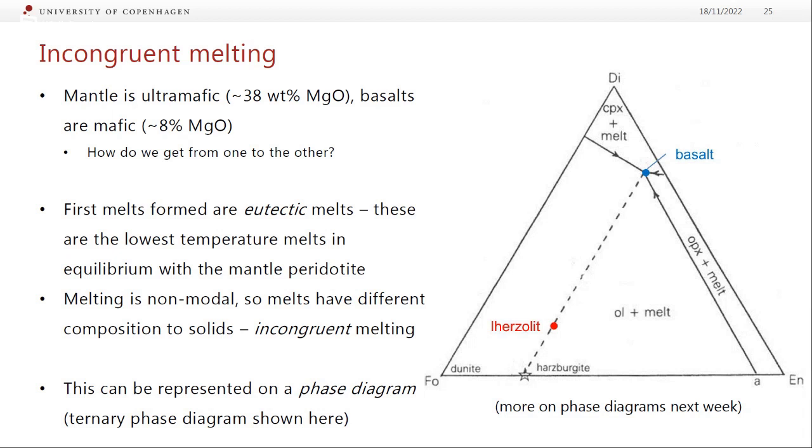So yeah, the residue has more olivine, more orthopyroxene, and the melt has more of a clinopyroxene composition. Yes? So it's called incongruent melting when it's melting non-modal. Yeah, sorry, two words for the same thing. Non-modal is literally this thing of not all the minerals are contributing. Incongruent is this idea that there's a different composition, but basically these are the same thing.